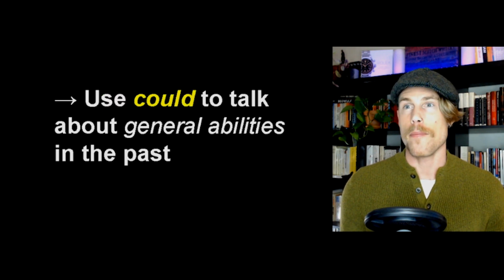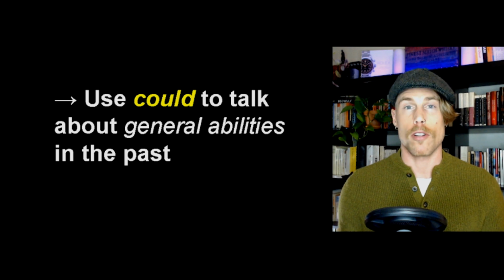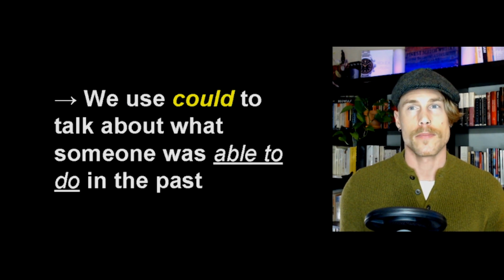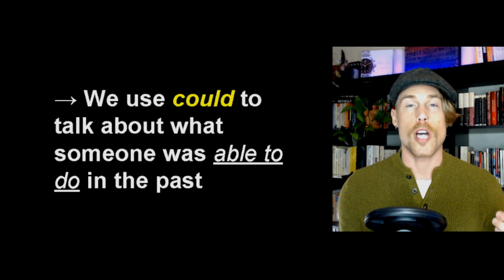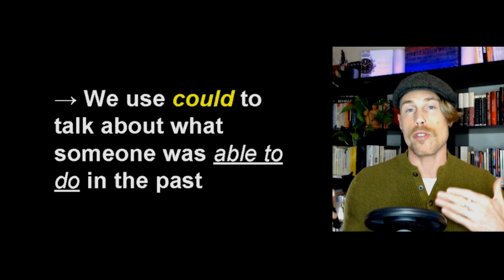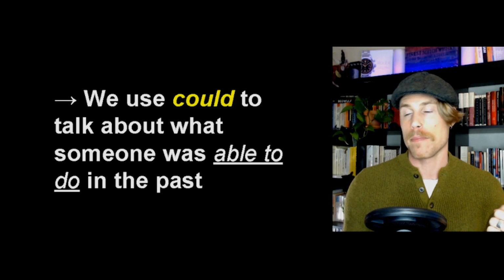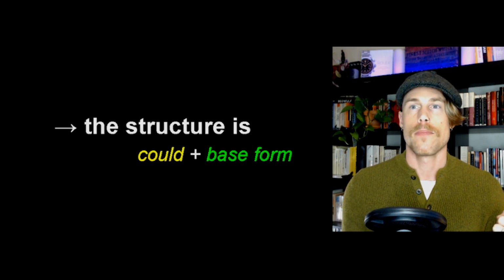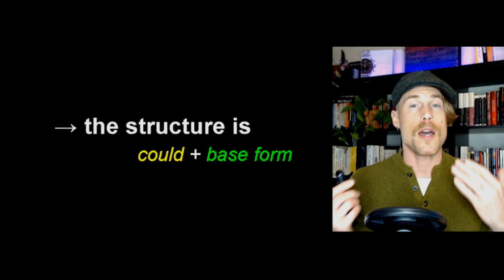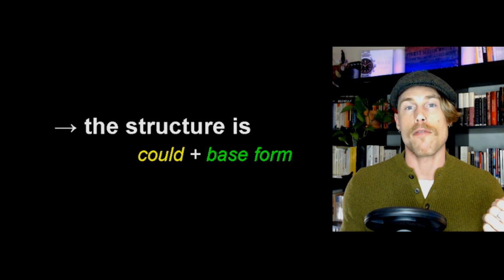Use could to talk about general abilities in the past. We use could to talk about what someone was able to do in the past. The structure is could plus base form of the main verb.